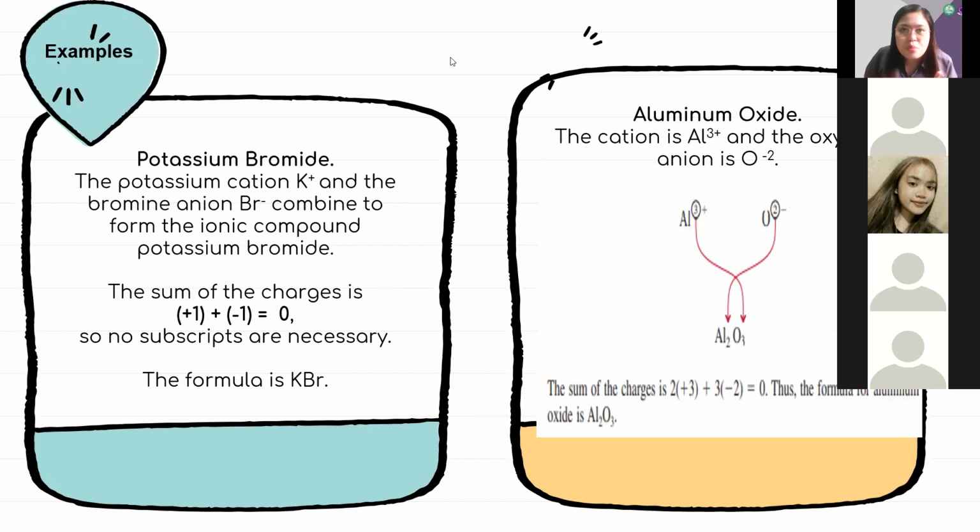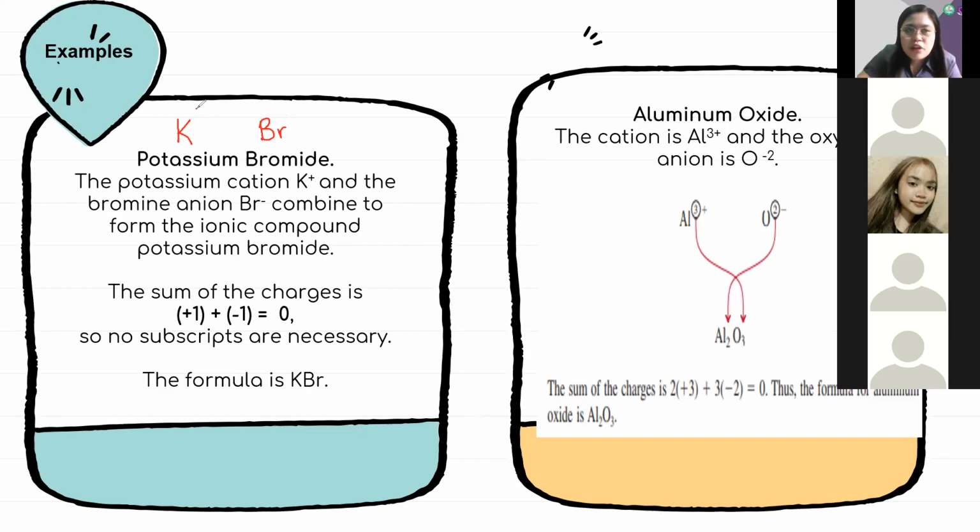Parehas ng potassium bromide. The first thing to do is to write their symbols, potassium and then bromide. Tapos the next thing is to identify their charges. The charges is, 'di ba, ang tinuro ko sa inyo doon sa laboratory, kung ano yung position nila sa periodic table, anong group sila sa periodic table, yun din yung magiging charge nila.